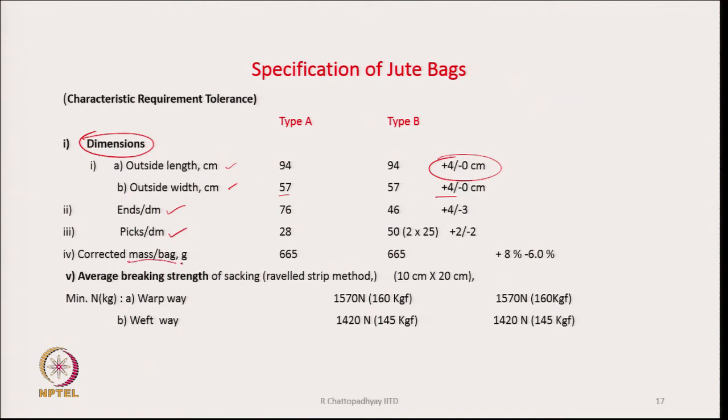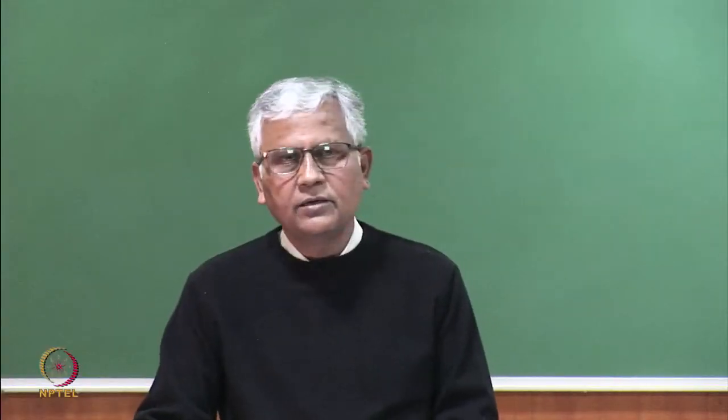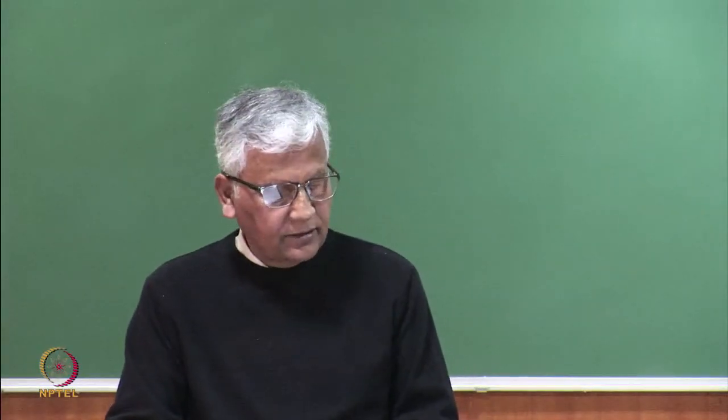Then the corresponding mass of the bag is also stated, what should be the weight of the bag, and the specification you see here, the range is given plus 8% and minus 6%. So, that much variability is accepted. So, mass also has been given, because mass decides how much fiber is there. How much fiber is there will decide what could be the expected strength.